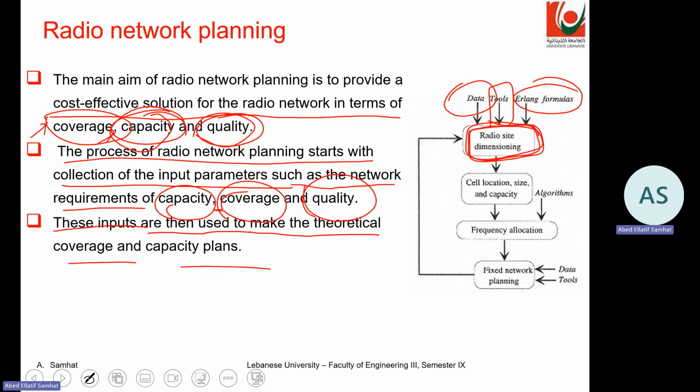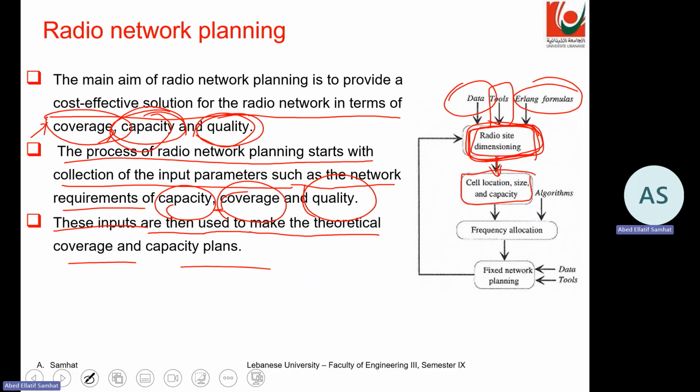This means that we want to define the number of cells that we want to deploy in this area in order to achieve the coverage and support the capacity. We will see what radio site dimensioning is and how to do it. After having the number of cells needed to support the capacity, we need to see what the best positions of those cells are.